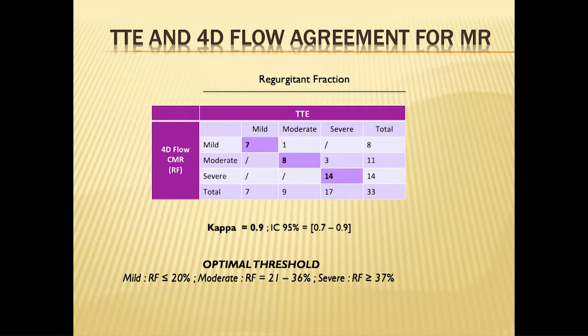We found the optimal thresholds to be 20 and 37%, but it's very close to the aortic regurgitation thresholds after correction, and we found a very good agreement again, with always a tendency to have more severe degrees in TTE compared to 4D flow.